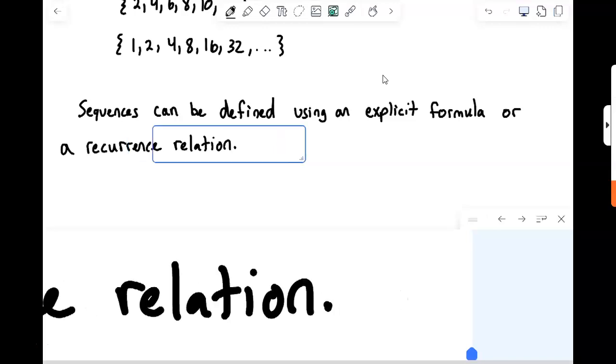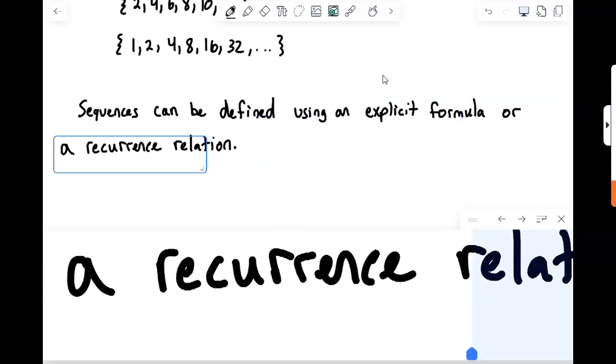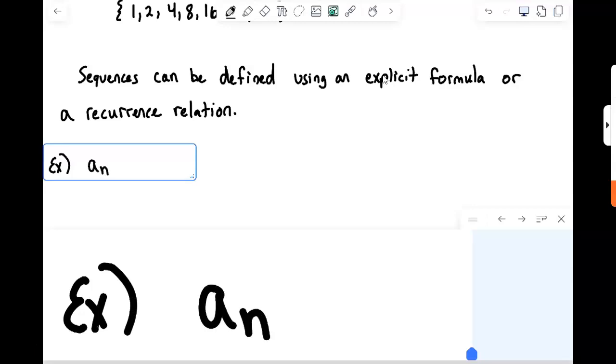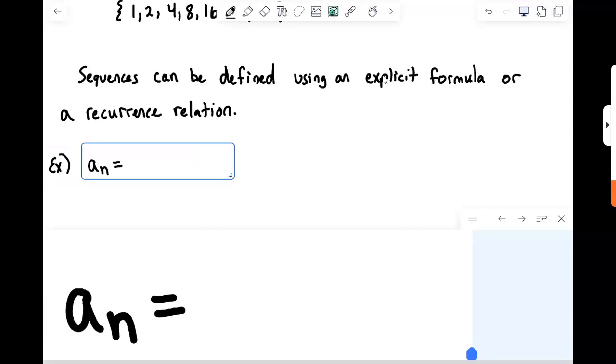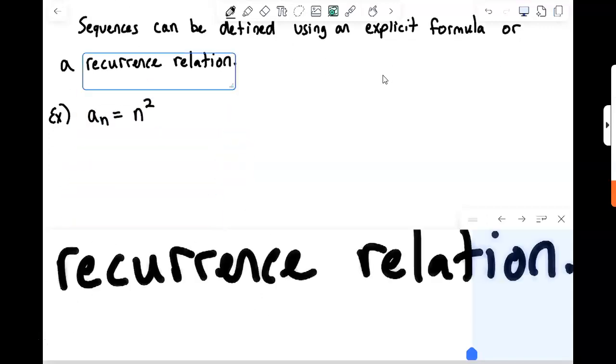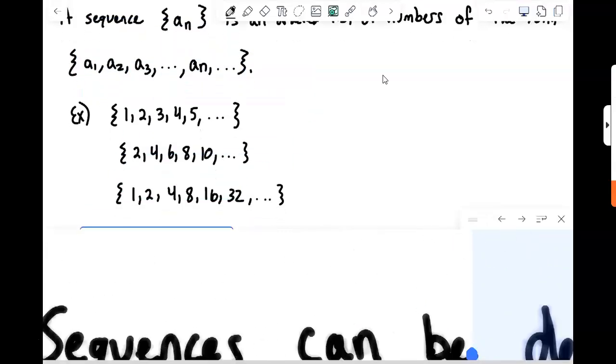But we're going to be focusing on ones that can be dealt with either an explicit formula or a recurrence relation. So for example, consider the sequence defined by the formula a sub n, the nth term, is equal to n squared. The first term in our sequence is a1, then a2, a3, and so on.